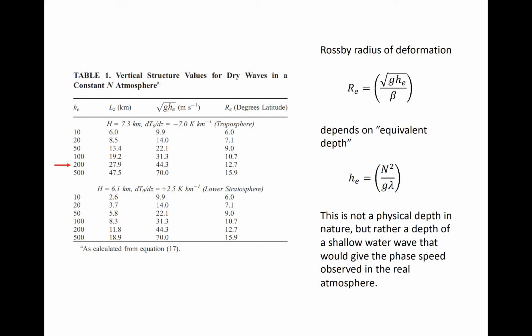For a typical environmental lapse rate of 7 degrees C per kilometer, and a tropospheric depth of about 14 kilometers, corresponding to a vertical wavelength of 28 kilometers, the equivalent depth would be about 200 meters, which is denoted by the red arrow and this row in the table. A 200 meter equivalent depth corresponds to a phase speed of about 45 meters per second if you plug the 200 meters into this root gH.